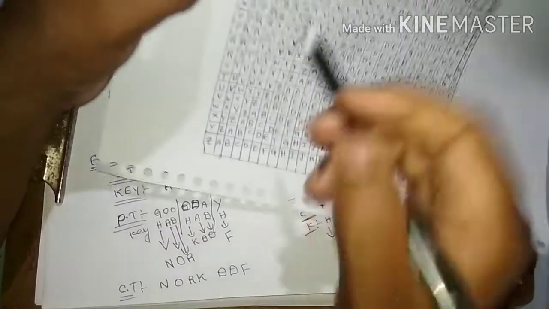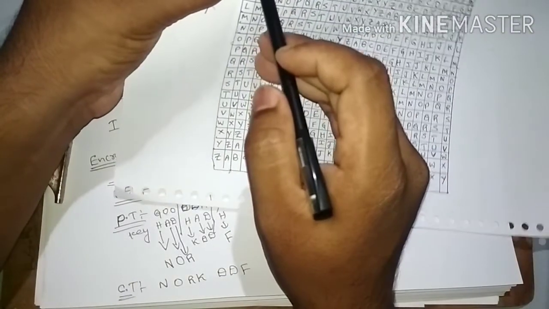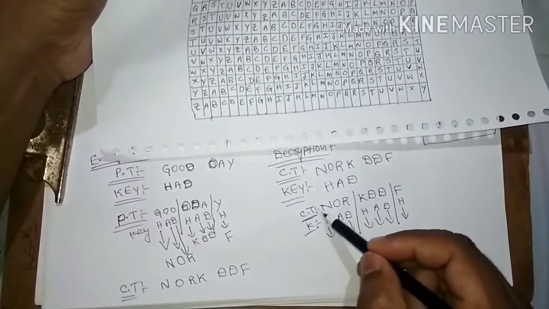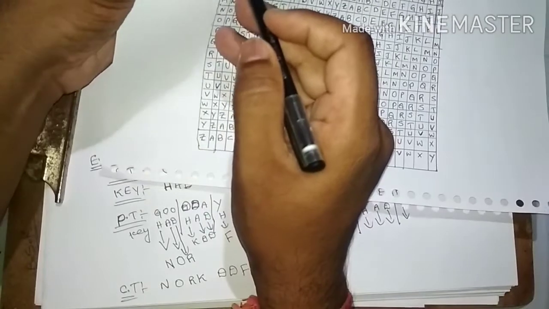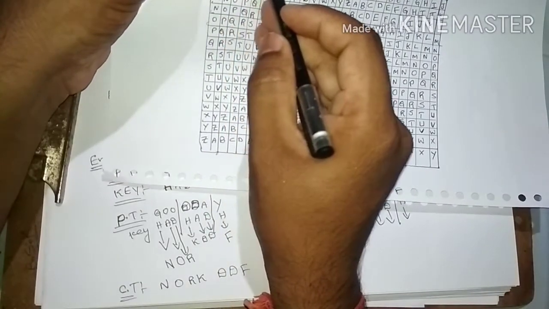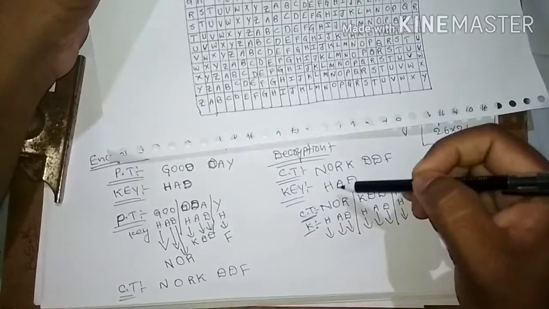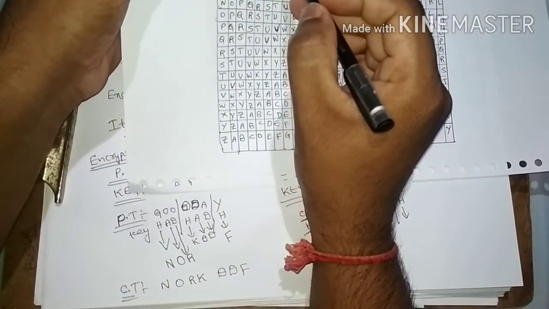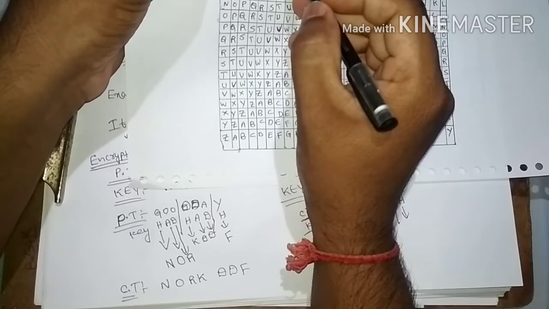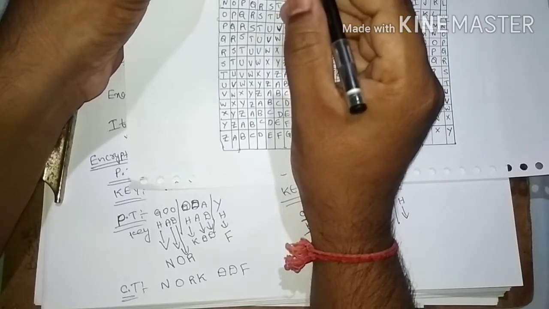Key is H. This is the key value. And ciphertext is N. In this H row, we have to go to the N. The ciphertext value is N. H and N. This is the N, this is the H. The plain text is G.